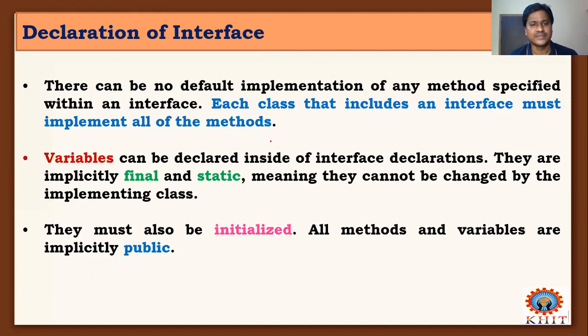Next one. There can be no default implementation of any method specified within an interface. Here, each class that includes an interface, what does it mean? It means any class that is going to implement an interface. I will show you the syntax of how inheritance can be achieved between an interface and a class. The interface always works as the superclass, and the class should be considered a subclass of the interface.